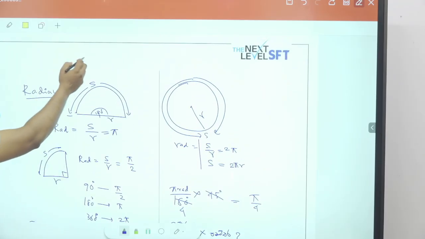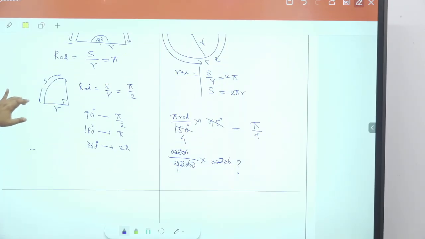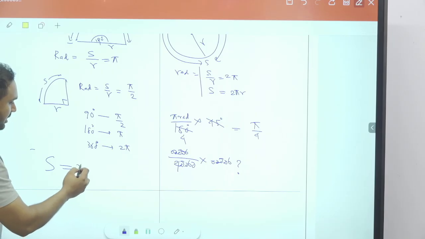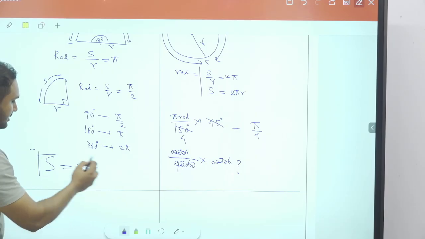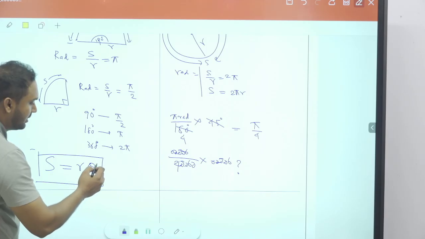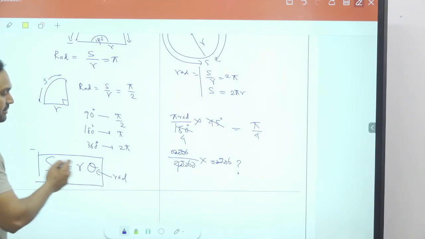Write down the formula here. Now the formula is what? The main formula: S equals R theta is the main formula, which is S over R equals theta in radians, right? This theta is in radians.